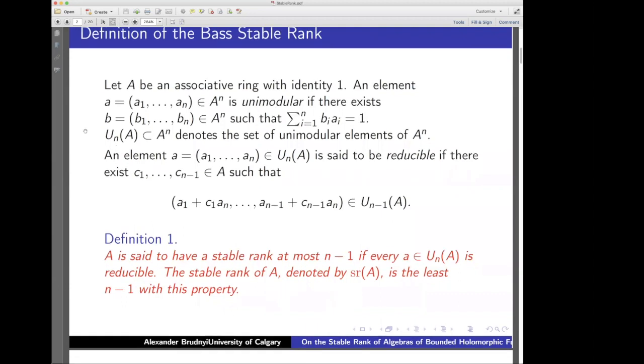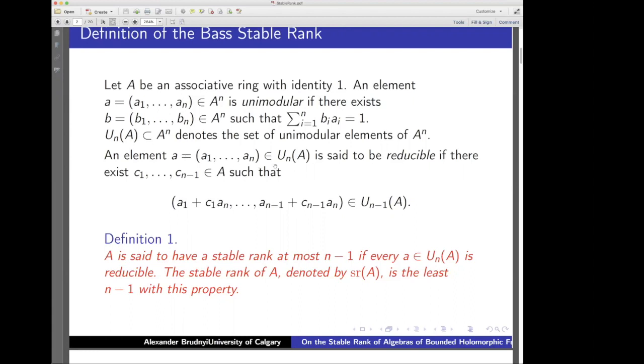So suppose we have an associative ring A with identity 1. We'll say that an element from A to the power n is unimodular if there exists another element from A to the power n, such that the sum of b_i a_i, i from 1 to n, will be 1. Denote the set of all unimodular elements as U_n(A).